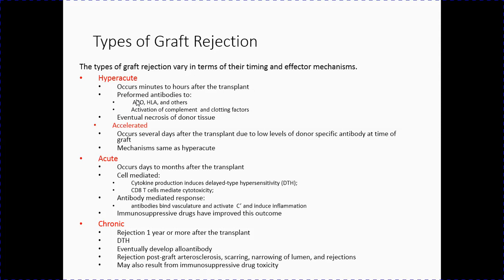How do we get preformed antibodies that may affect the graft rejection process? Preformed antibodies could be antibodies to ABO, could be either an incompatible blood group or something even from a prior transfusion. You haven't done blood banking yet, but there's not just ABO antigens on red blood cells.